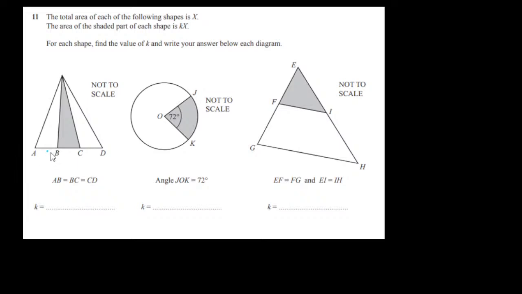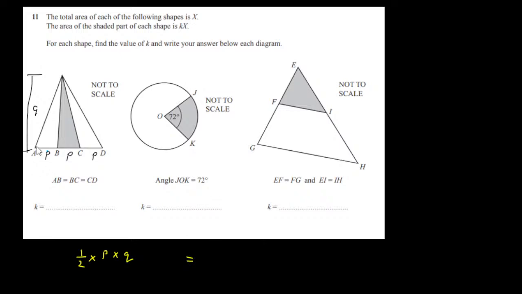Otherwise you can use some alphabet, like I will choose this as P. So this is P, this is P, this is P, and say height is Q. So the area of the shaded part will be half into base P into height Q.